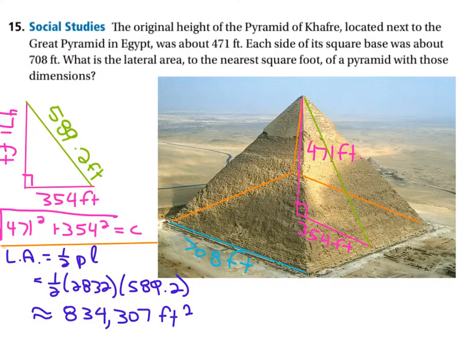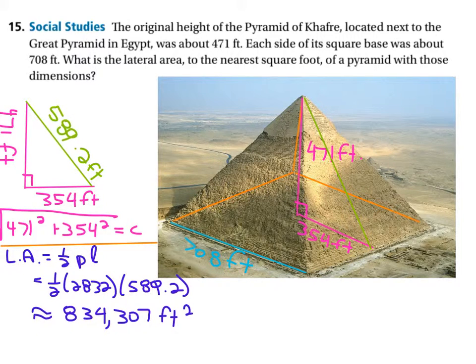And I'm just going to verify that this is the correct answer for number 15. My answer page says 834,308. What did we do wrong? Okay. Our mistake is that I didn't use exactly this. So I'm going to change this.